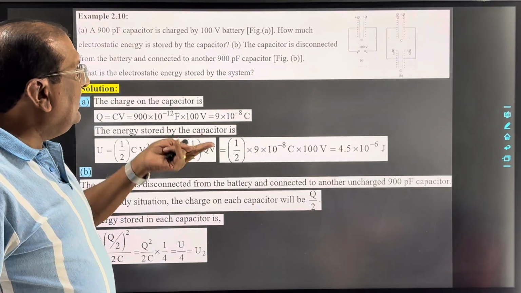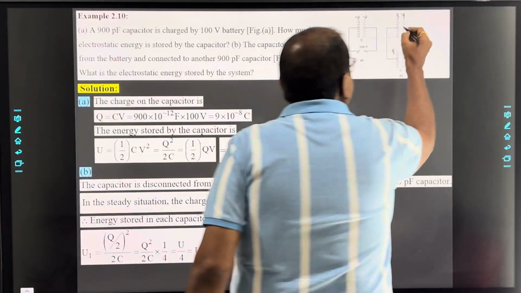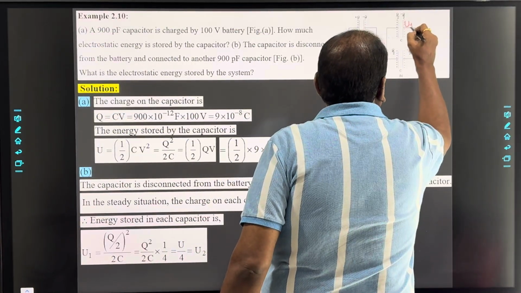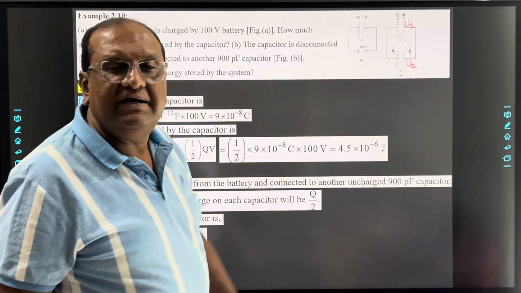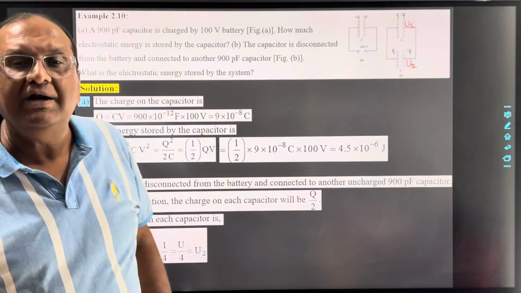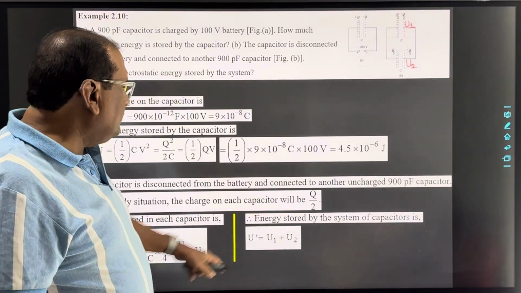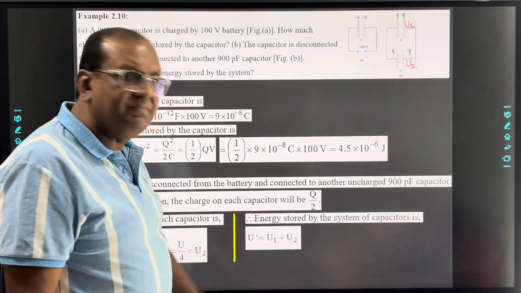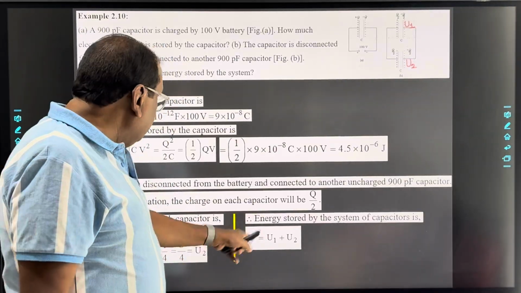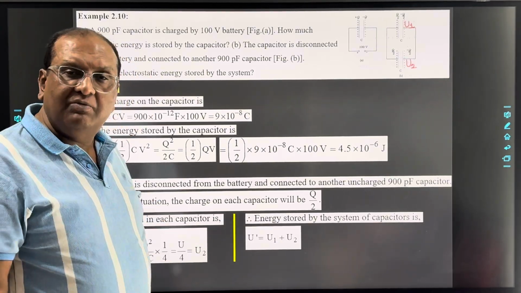So the total energy stored in this system: for capacitor 1 it is U1, for capacitor 2 it is U2, so the total energy stored is U1 plus U2. We can write the energy stored by the system of capacitors, U dash, equals U1 plus U2. But U1 is U by 4 and U2 is also U by 4.